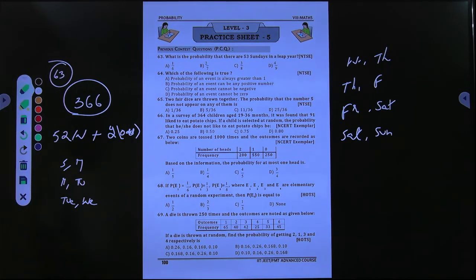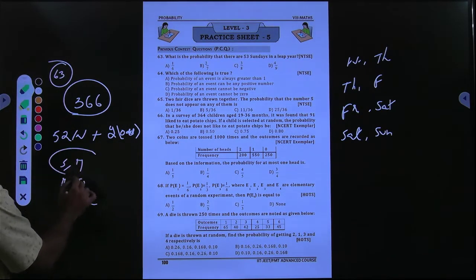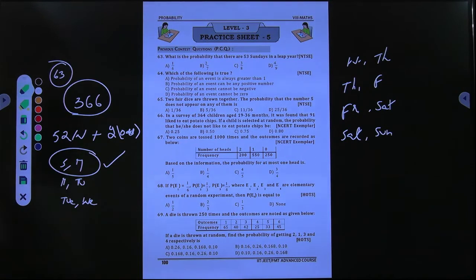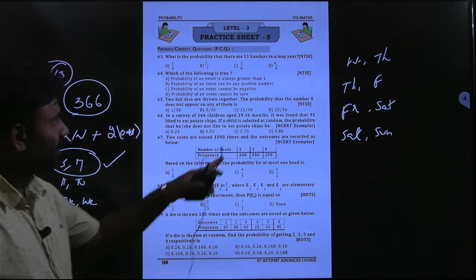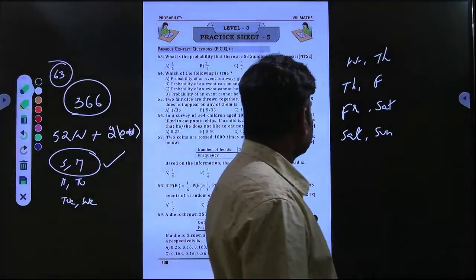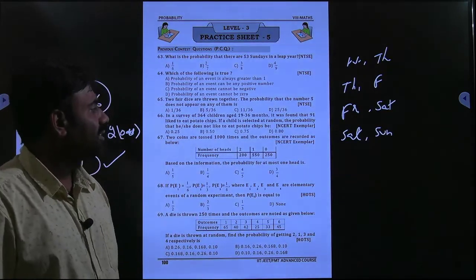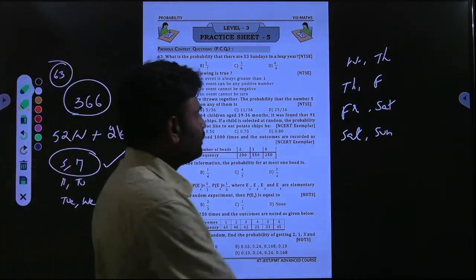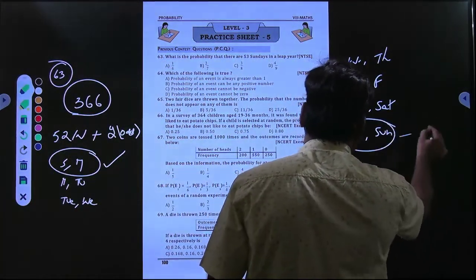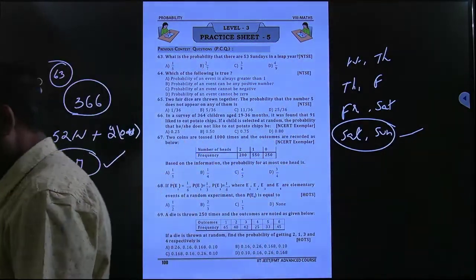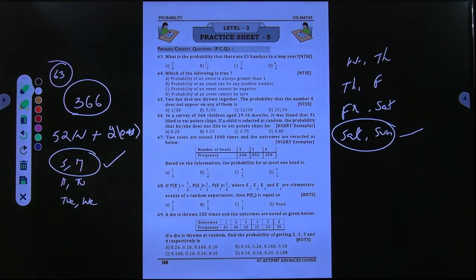where are the Sundays? Let us check. Here first one, Sunday, Monday, means here one Sunday is there. Next Monday, Tuesday, no Sunday. Tuesday, Wednesday, no Sunday. Wednesday, Thursday, no Sunday. Thursday, Friday, no Sunday. Friday, Saturday, no Sunday. Saturday and Sunday, yes, here Sunday is there. Means first and last, these two are the favorable outcomes where we get a Sunday.